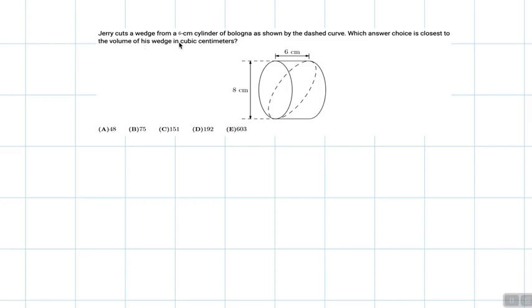Jerry cuts a wedge from a 6-centimeter cylinder of bologna, as shown by the dashed curve. Which answer choice is closest to the volume of his wedge in cubic centimeters? Okay.